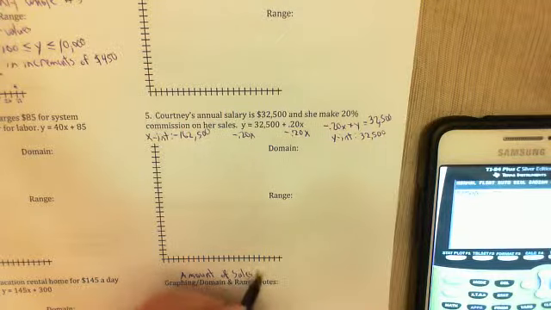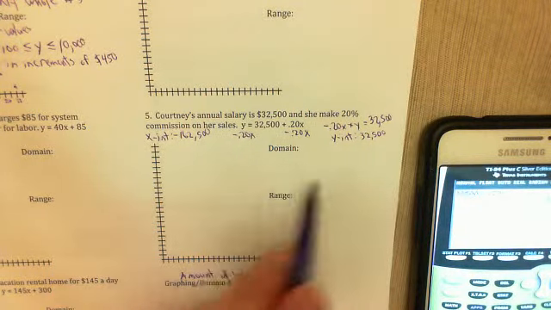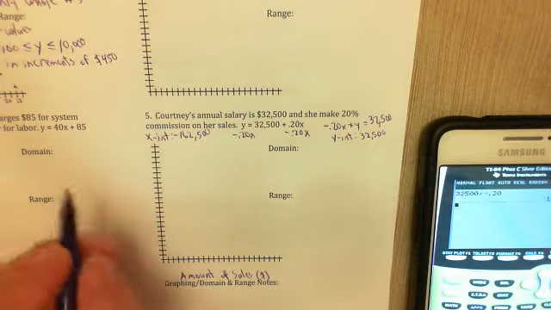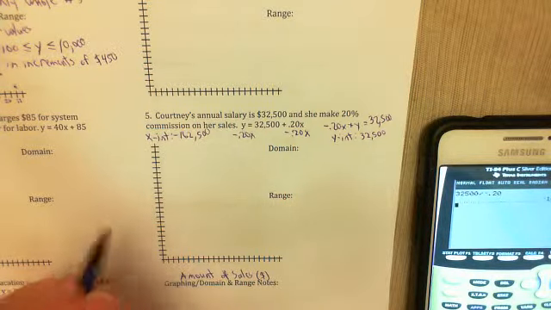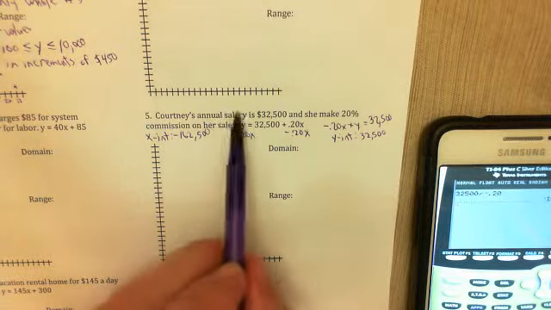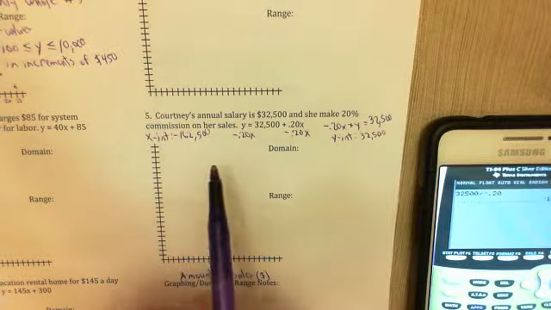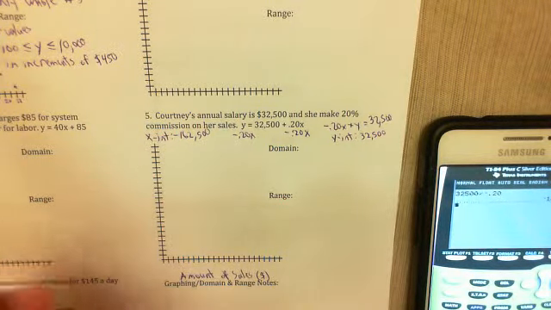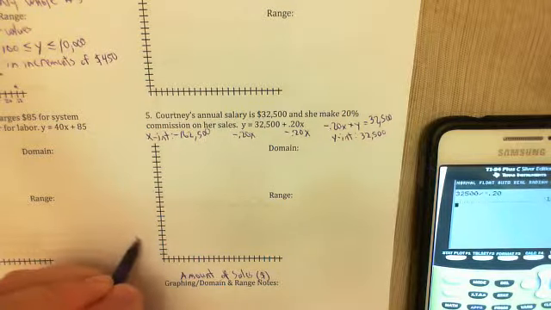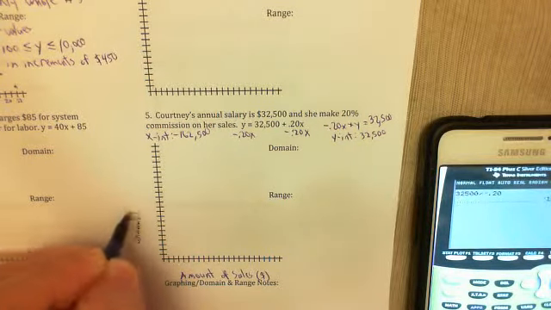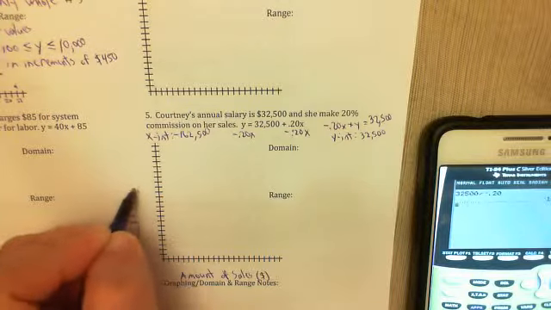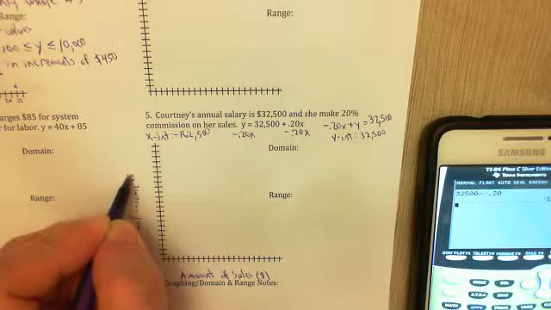And y was our annual income, since salary is technically this 32,500. Again, that's going to be in dollar amounts.